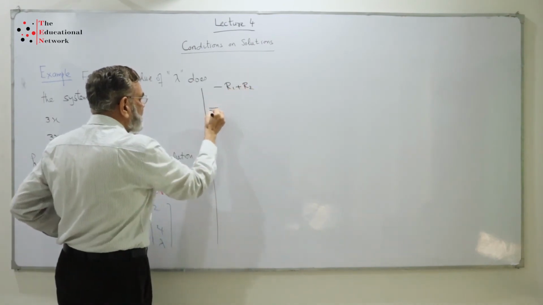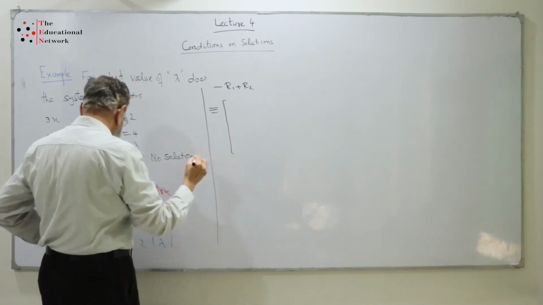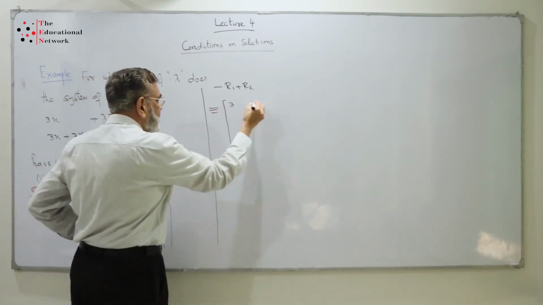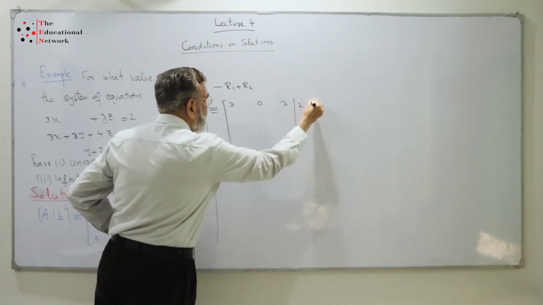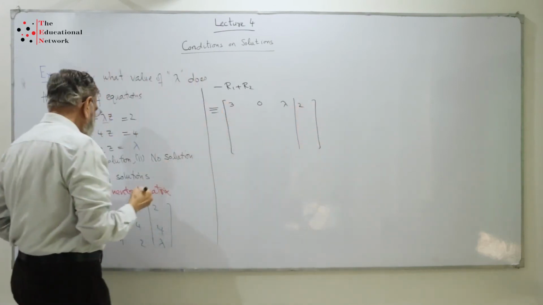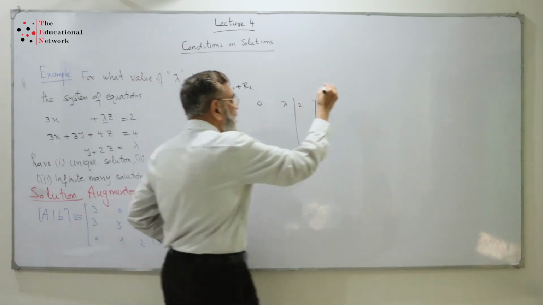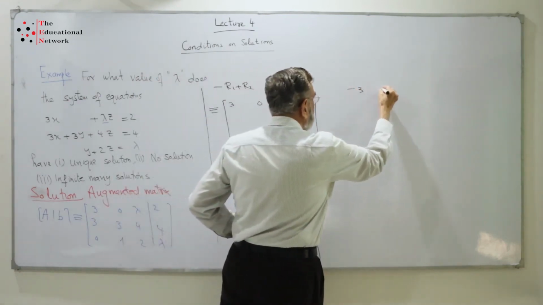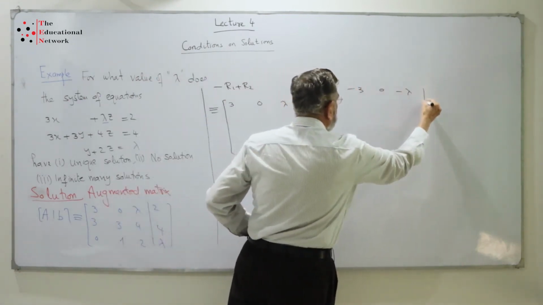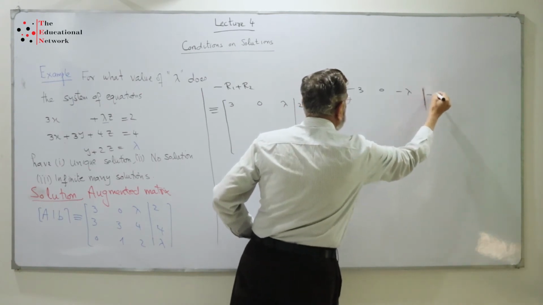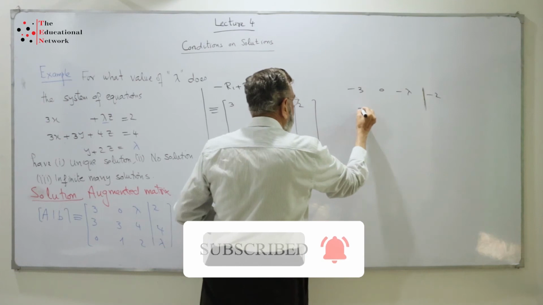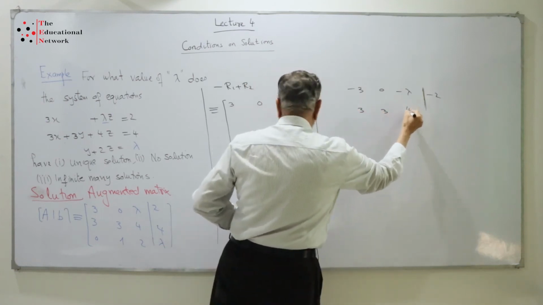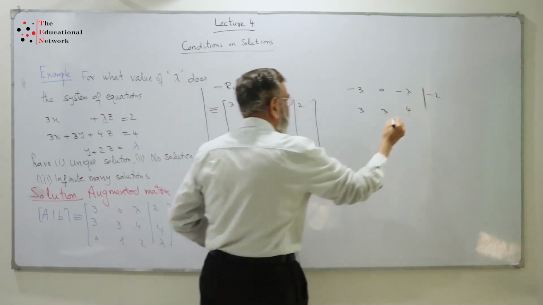So I get here a new matrix. In my new matrix, the first row remains the same. This is 3, 0, lambda, and we're having here 2. We make the row operation, multiply by minus, get here -3, 0, minus lambda, and we get here -2. And we add the second row. The second row is 3, 3, 4, and we're having here 4 also.